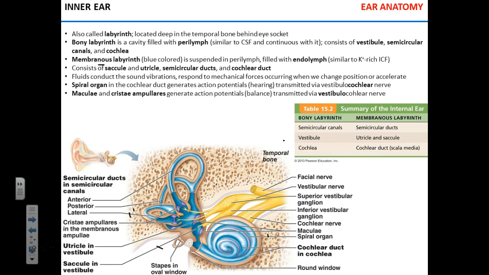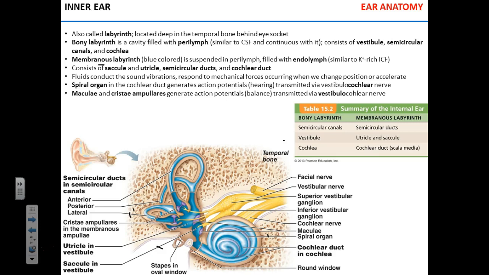So that's why two parts of the inner ear, vestibule and semicircular canals, can sense the change of your position. When you change your position, when you move in space, that fluid that fills up semicircular ducts moves around.